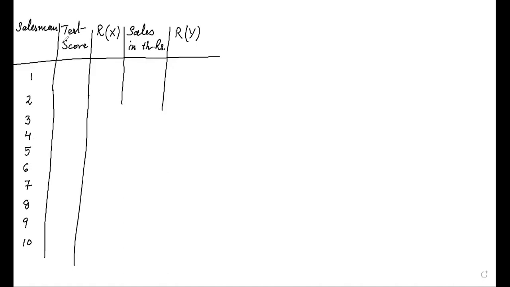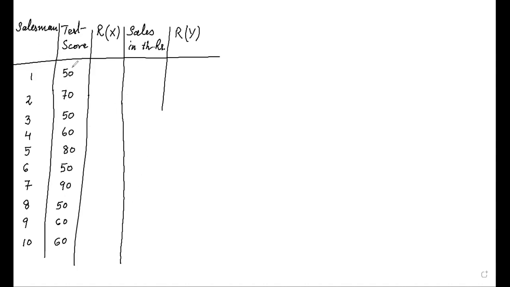So the first score is 50, 70, again 50, 60, 80, 50, 90, then 50, 60, 60. Now I am going to assign the ranks according to their scores.